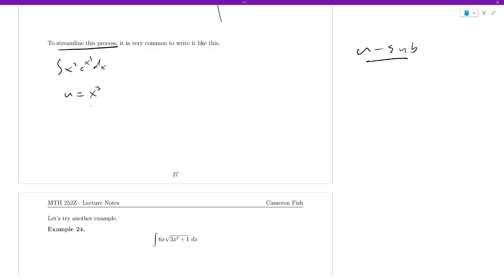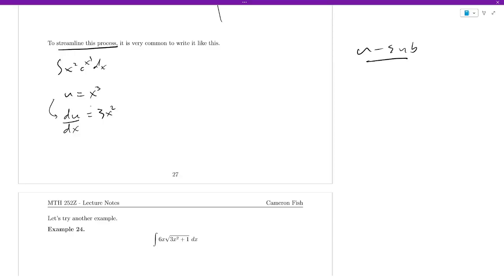The way this works is first you write down u equals, and then you immediately write down du equals. Now, you should probably really be writing du dx equals, which means take the derivative of u with respect to x. So let's see that. That's 3x squared, right?